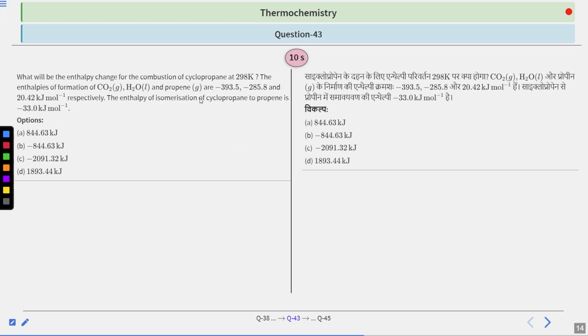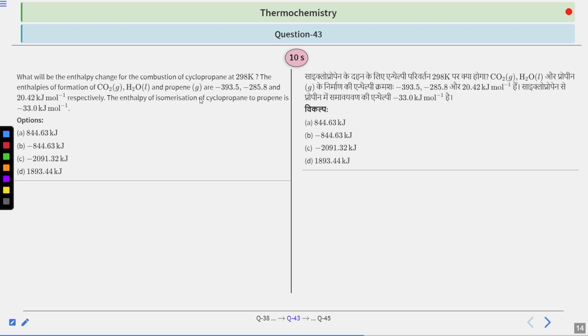Question number 43 says that what will be the enthalpy change for the combustion of cyclopropane at 298 Kelvin? The enthalpies of formation of CO2, H2O and propene are given as minus 393.5, minus 285.5 and 20.42 kilojoule per mole. The enthalpy of isomerization of cyclopropane to propene is minus 33.0 kilojoule per mole.